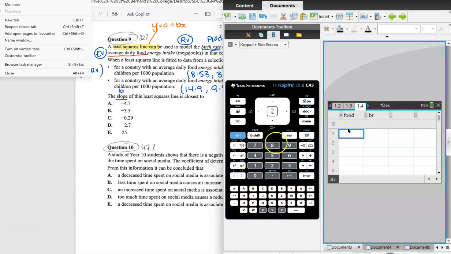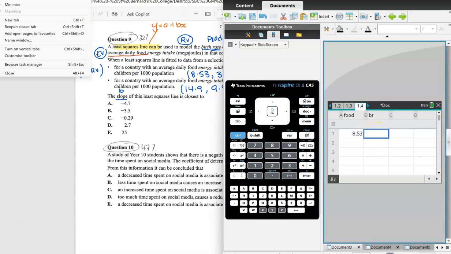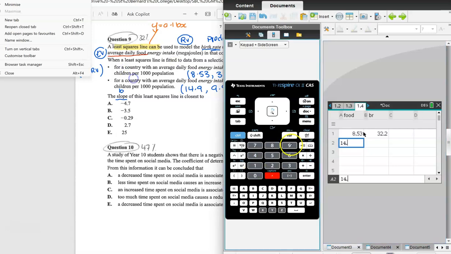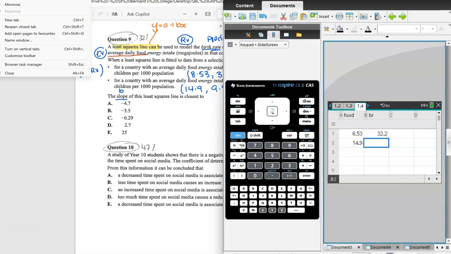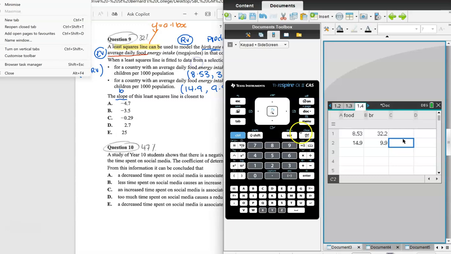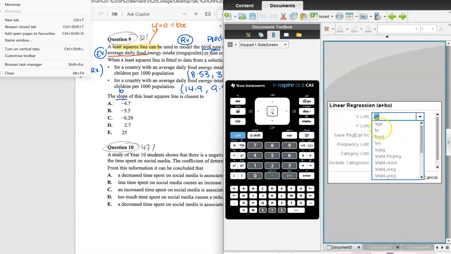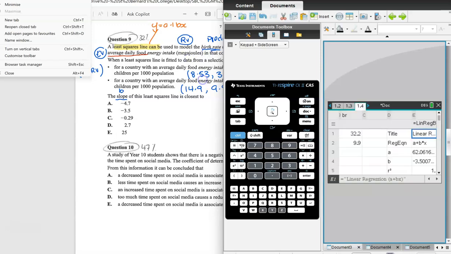I'm going to pop in our values: 8.53 food intake gave a 32.2 birth rate, and when we had a 14.9 food intake, we got a 9.9 birth rate. Then we go menu, stat calc, A plus BX. Food was that, birth rate was the RV, click OK.